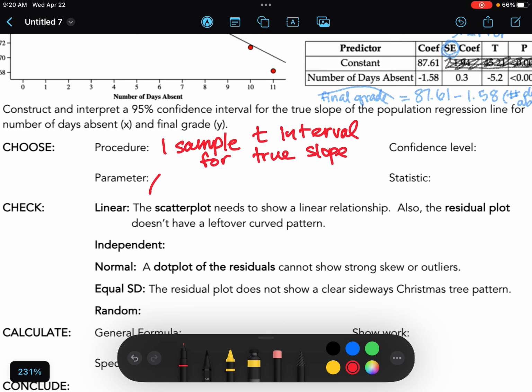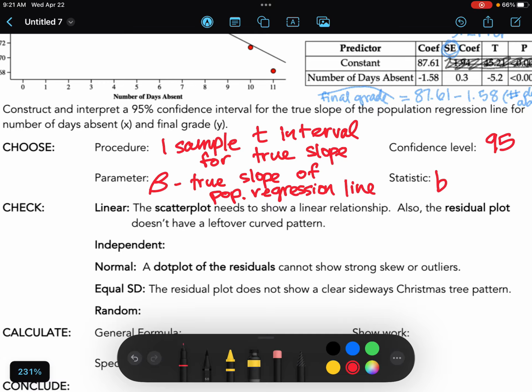Our parameter is beta, the true slope of the population regression line. Our statistic is b, and we have 95% as our confidence level.